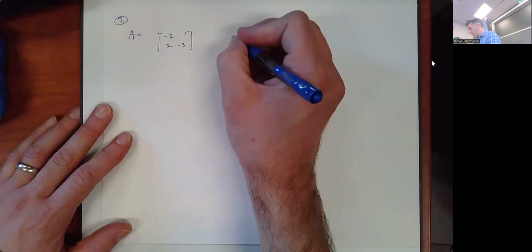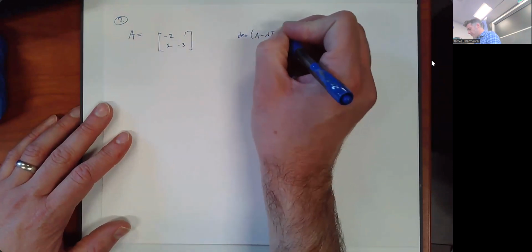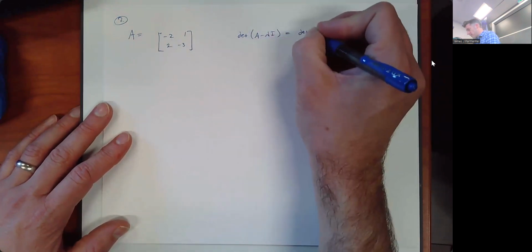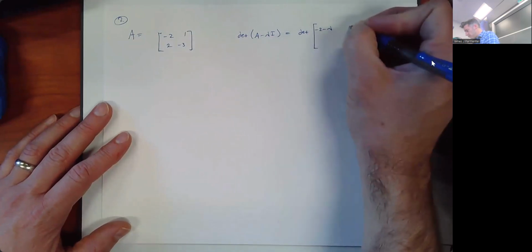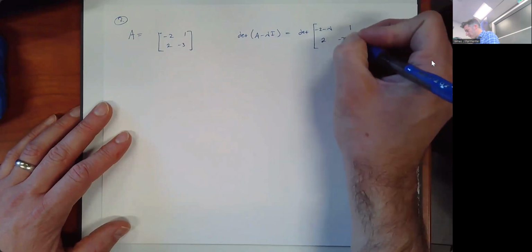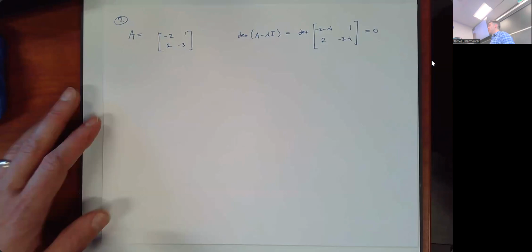I'll start you off. The determinant of A minus lambda I is the determinant of [-2 minus lambda, 1; 2, -3 minus lambda]. Find that determinant, set it equal to 0.